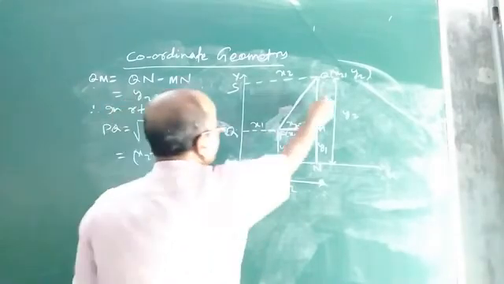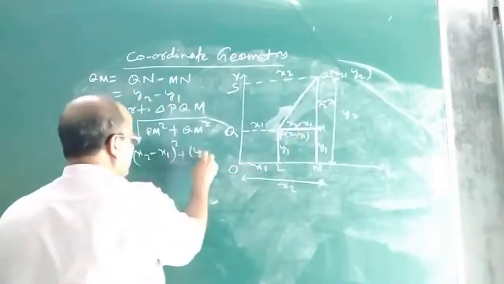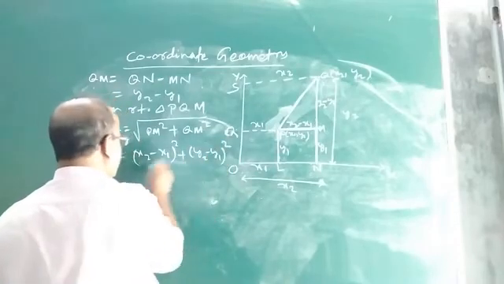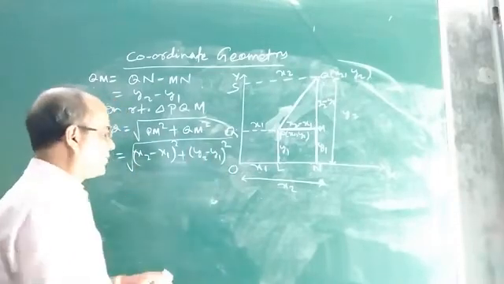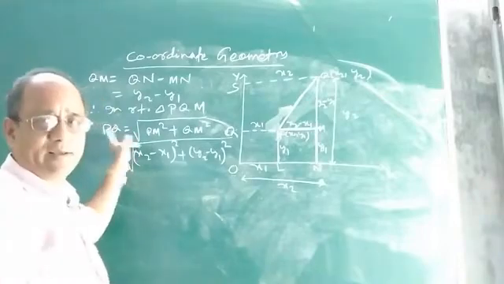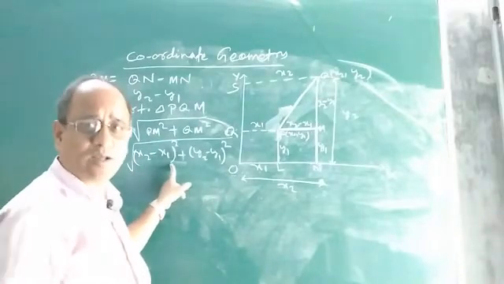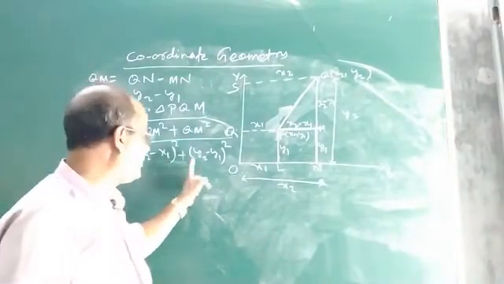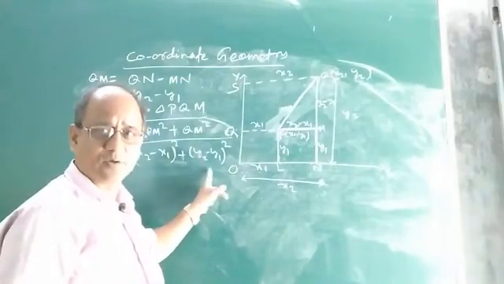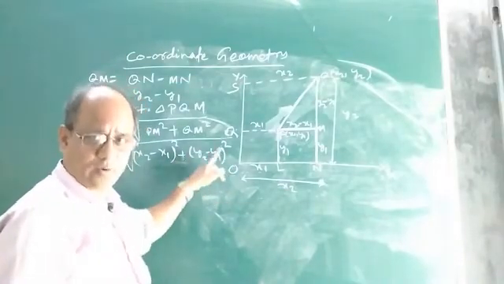And what is the value of QM? It is y2 minus y1, whole square. So this is the distance formula. PQ will be the square root of (x2 minus x1) whole square plus (y2 minus y1) whole square.